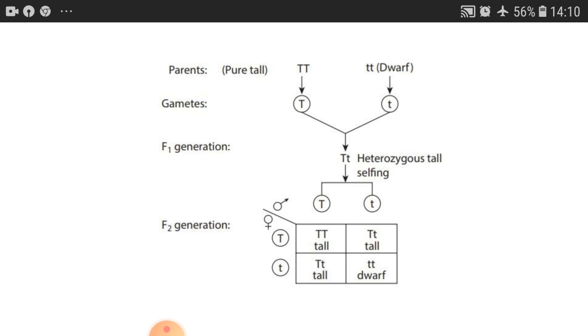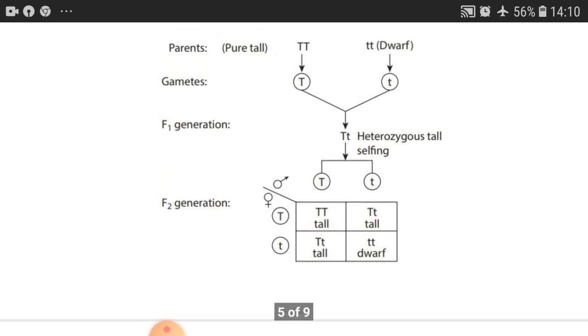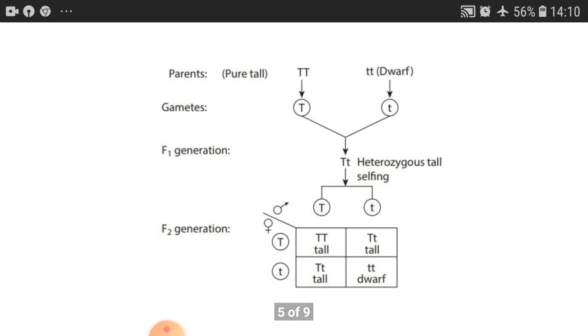But if we look at its genotype, the genotypic ratio is 1 pure tall is to 2 hybrid tall is to 1 dwarf. That means 3 types in the genotype, 1:2:1.